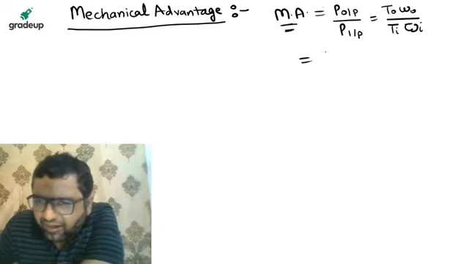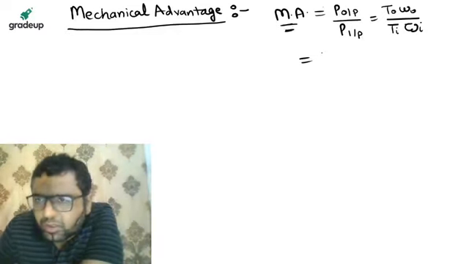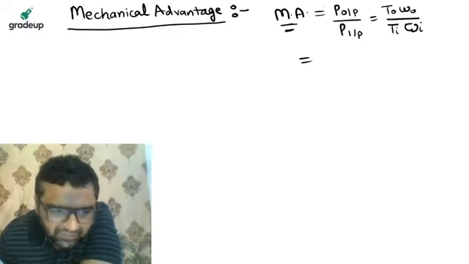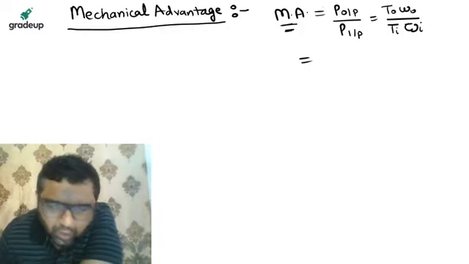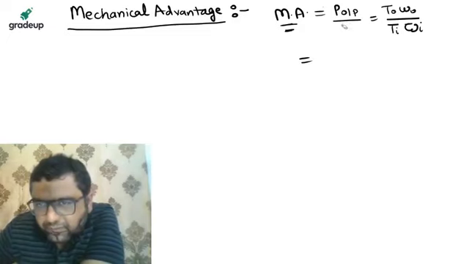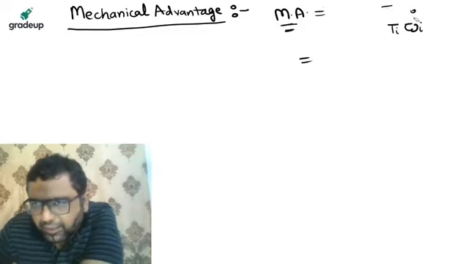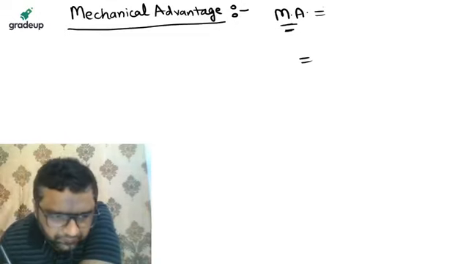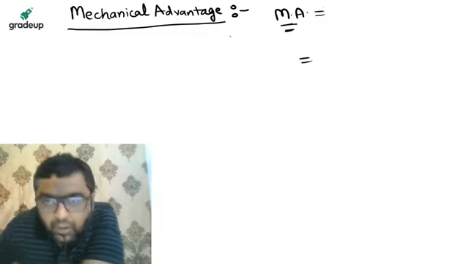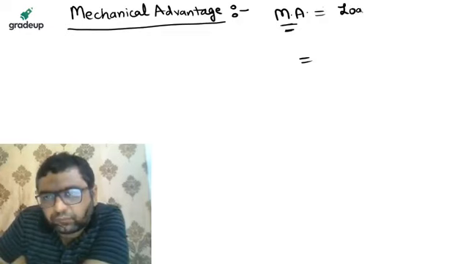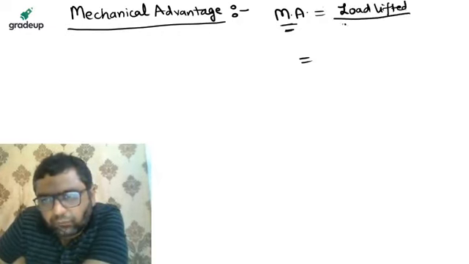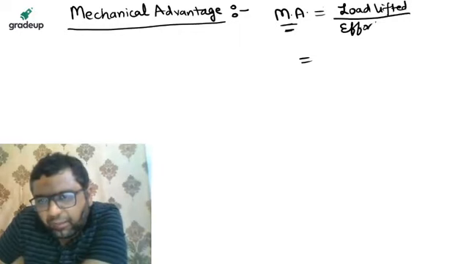It can be defined as, is it okay I have written or wrong? No, it is not correct. My dear, mechanical advantage is defined as load lifted by effort applied.